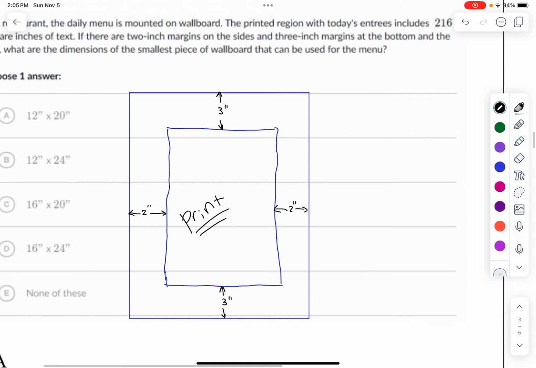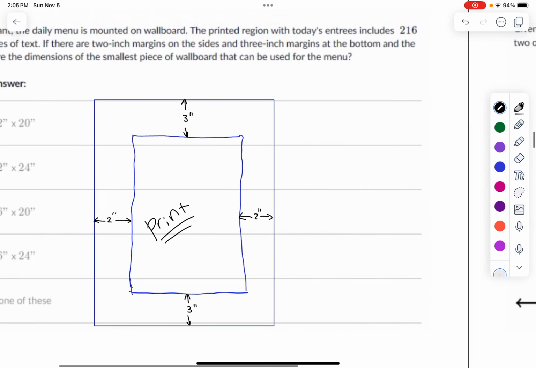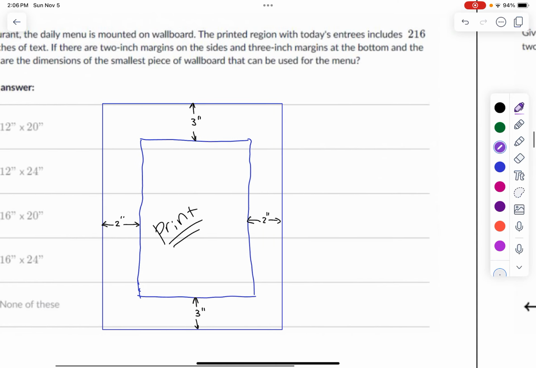And then it says, what are the dimensions of the smallest piece of wallboard that can be used for the menu? So then the constraint too is the print area, right? 216 square inches of text is the printed region. So this area in here equals 216 square inches.